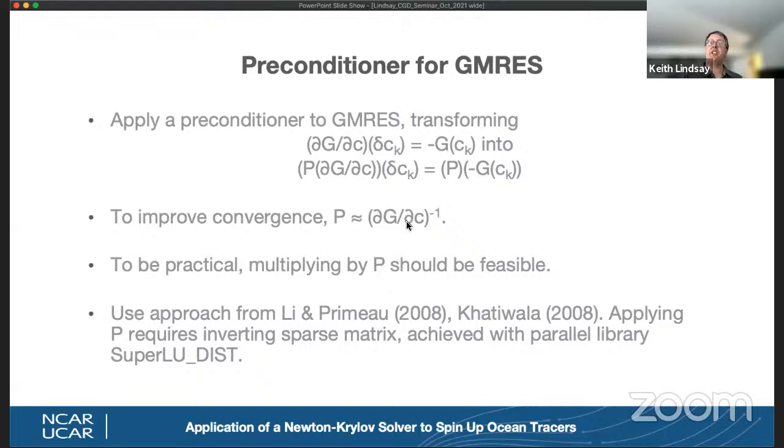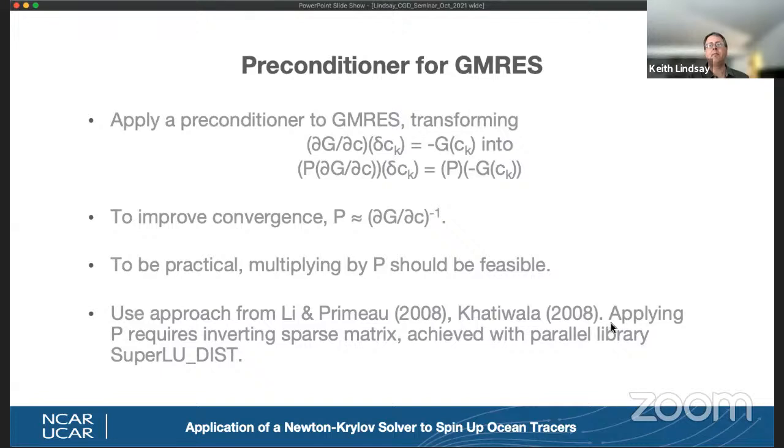And so there's some tension here in developing a preconditioner that brings about the properties of the matrix that you're trying to invert, but you can invert it or apply it in a reasonable way. In this work, we're going to use a preconditioner whose derivation was laid out by Lee and Primo and Kadawala in those papers that I mentioned previously.